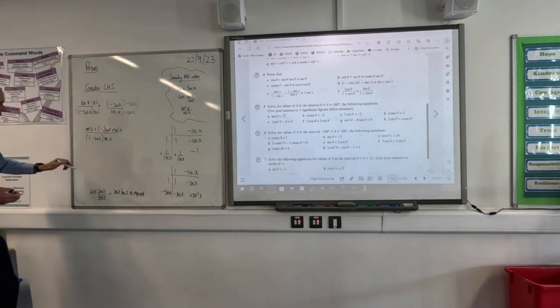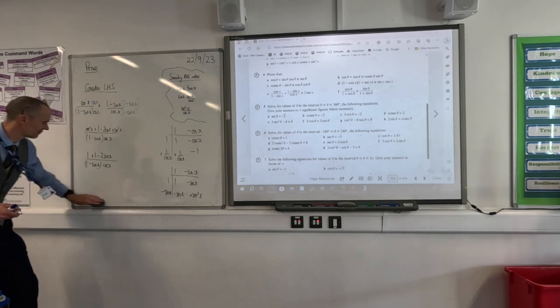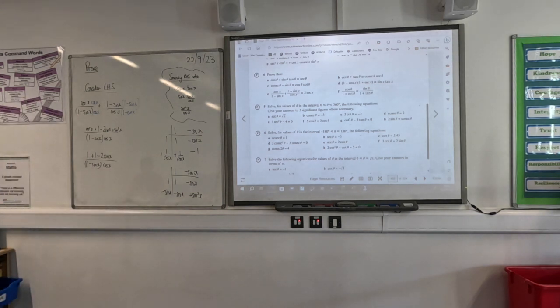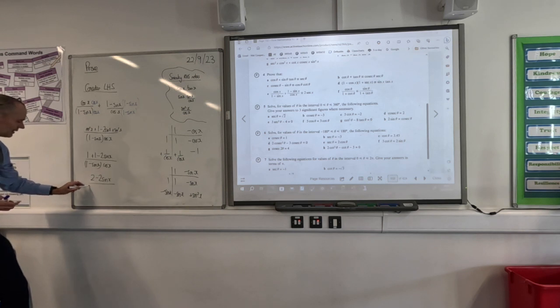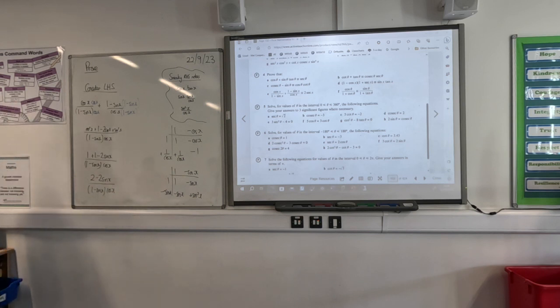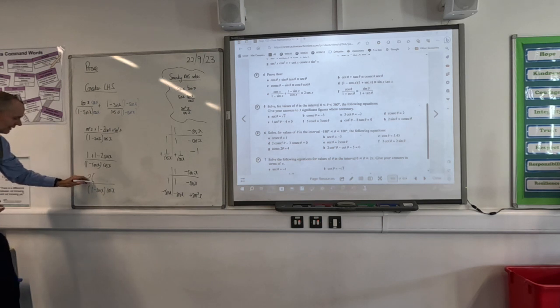I've got a sine squared plus cos squared, so they disappear to make 1. And there's a little glimmer of hope here, because now I've got 2 minus 2 sine x on top. And that is 2 lots of 1 minus sine x. Bang, bang.